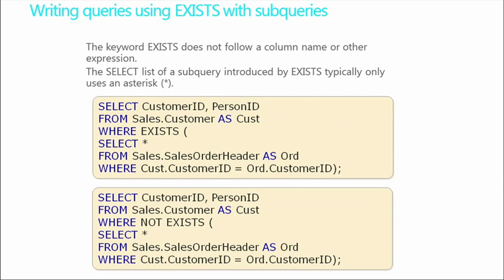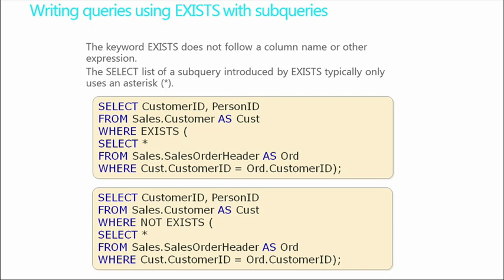The keyword EXISTS could also be used, or NOT EXISTS, as you can see here. This is select customer ID and person ID from the sales customer, and we're going to rename that as cust, where exists, what exists? Well, we're going to do a select asterisk. We can't use column names when we're using EXISTS; we have to use the asterisk, or return all columns, from sales.salesorderheader as ord, for order, where cust.customer ID equals ord.customer ID.